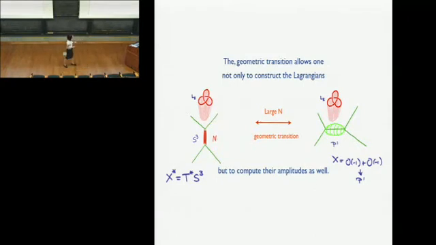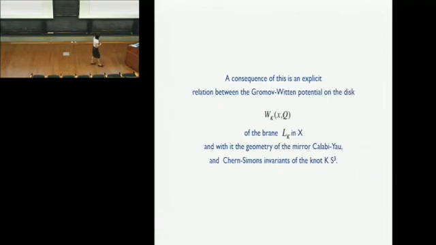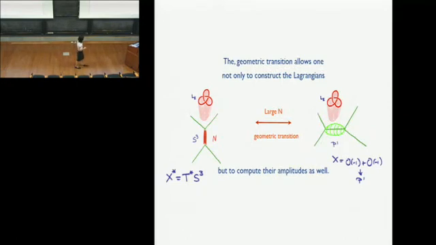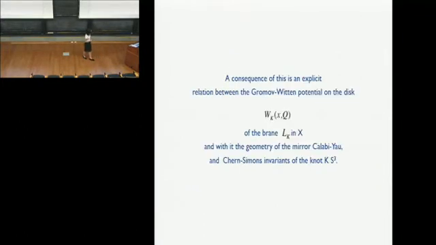So now what we are interested in is finding the Gromov-Witten potential on the disk for the branes in X. And while we would have liked to solve this problem down here, at the moment we can't, not directly in Gromov-Witten theory. So instead, we'll use Chern-Simons theory and this duality to get the Gromov-Witten potential of this brane in X. And from it, we can construct the geometry of the mirror.